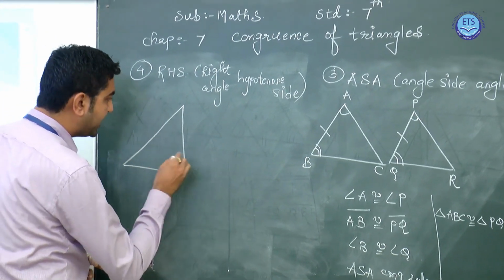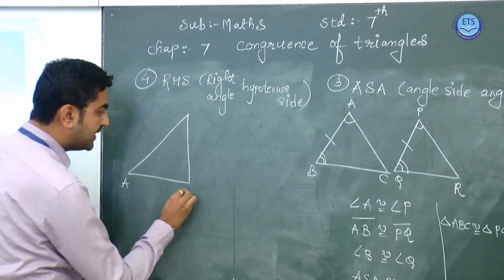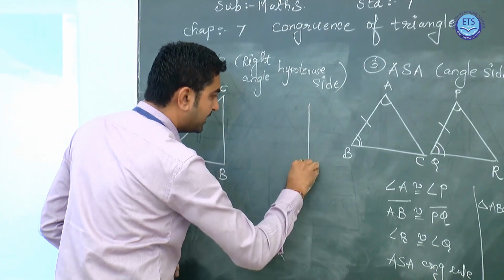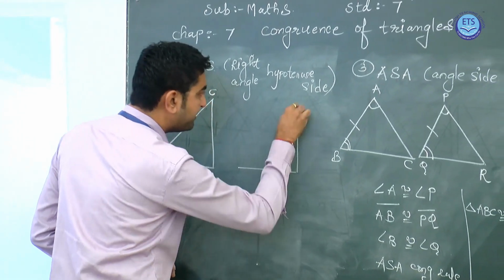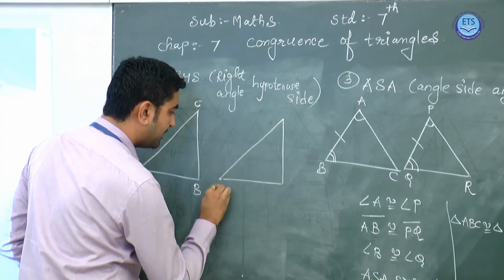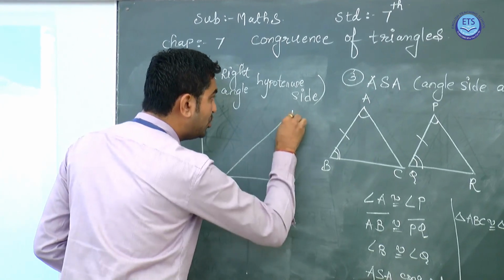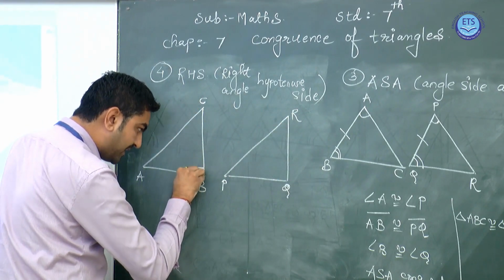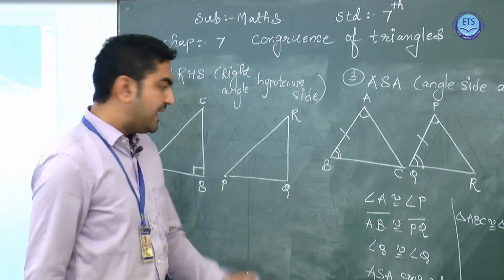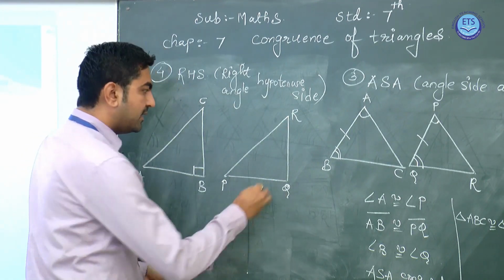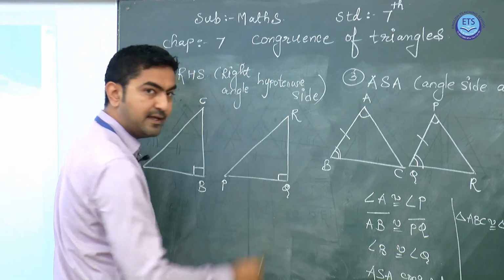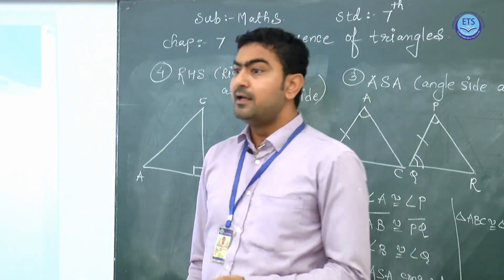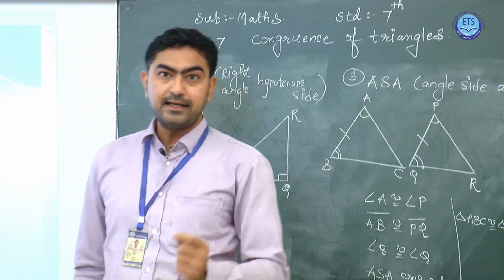The first right angle triangle is ABC, and the second is PQR. In the first triangle angle B is 90 degrees, and in the second triangle angle Q is 90 degrees. In both triangles, one angle is given as 90 degrees.